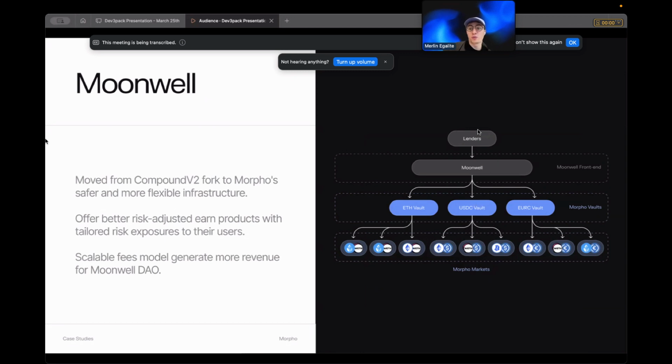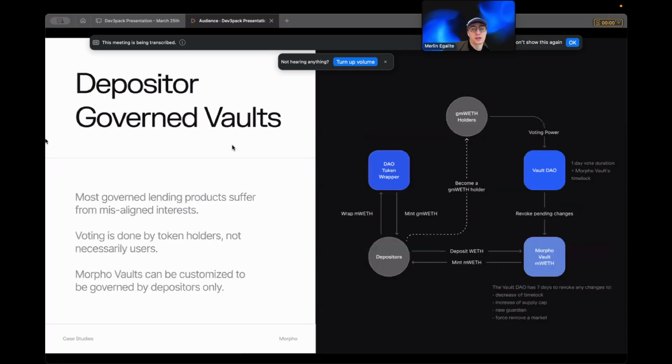And through the Moonwell front end, you can deposit into those vaults, but you can also borrow from those markets. And those vaults take a fee, and this fee is making revenue for the Moonwell DAO. So that's a cool thing.